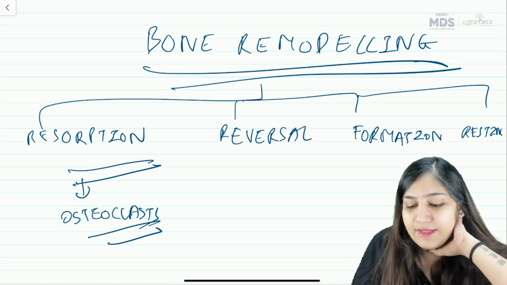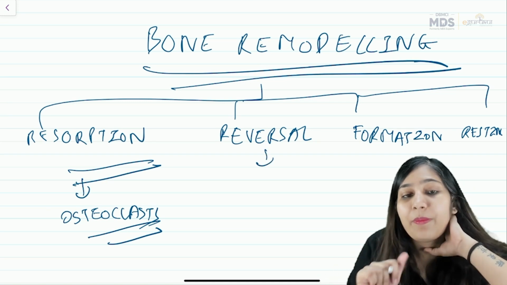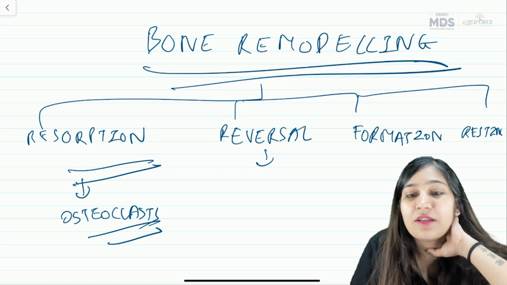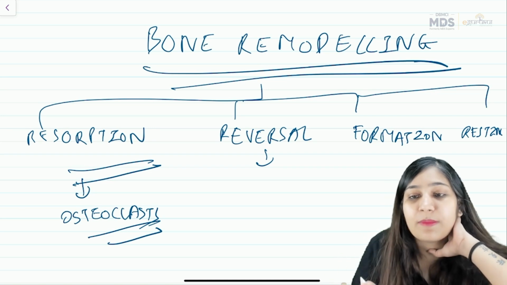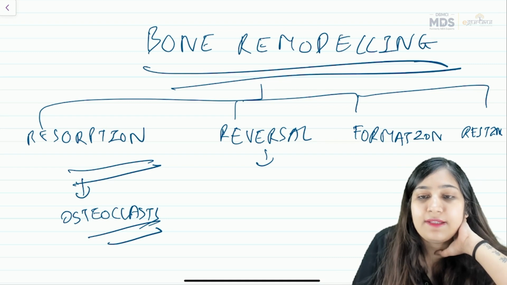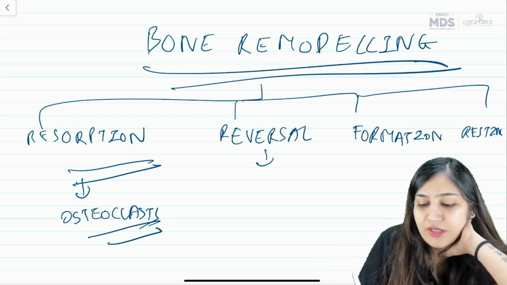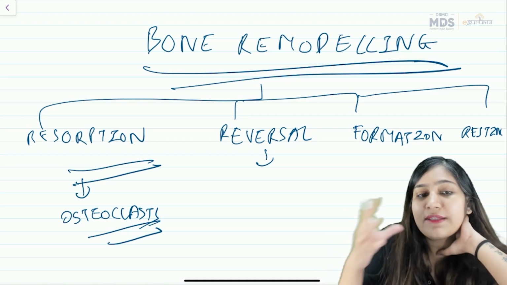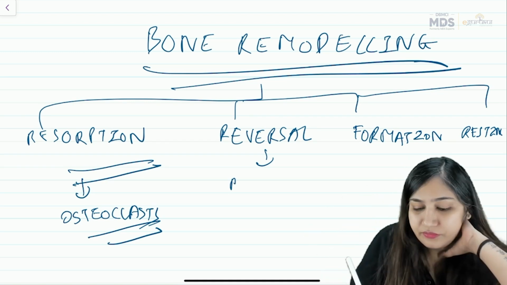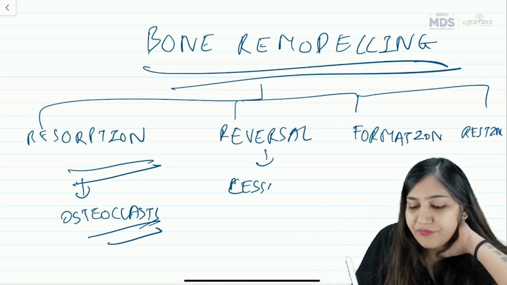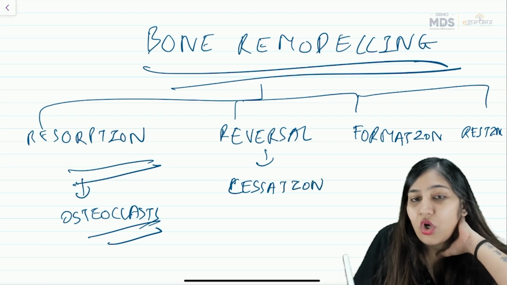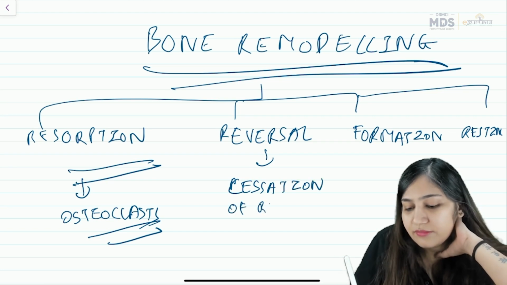In reversal, there will be stopping of resorption, cessation of resorption, and disappearance of osteoclast by apoptosis, and the site becomes occupied by mononuclear cells.